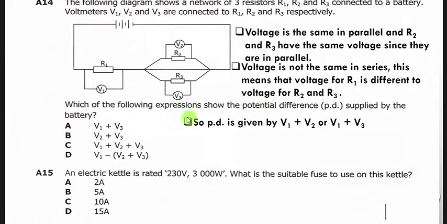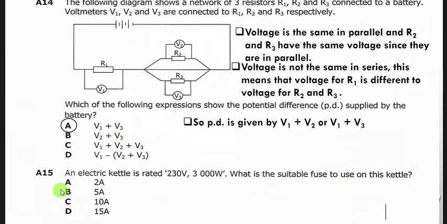So either you get this one plus this one or this one plus this one, because they will be just the same. This one, if it reads 2, even this one will read 2 because they are in parallel. So then the formula will be this one or this one. So the answer is A.